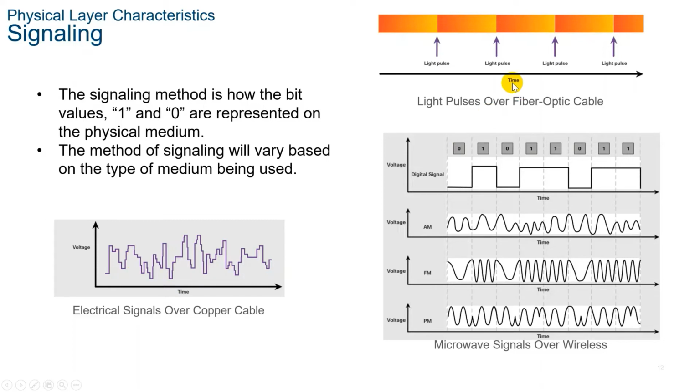On this diagram here, light pulses over fiber optic cable. And on the third diagram, it represents microwave signals over wireless. All right?